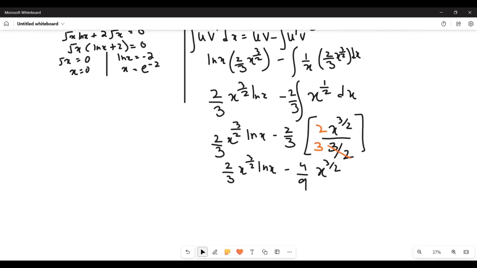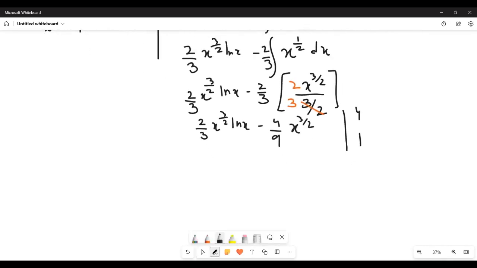Now we substitute the limits, which were 1 and 4. Substitute 4 first, then the minus sign and substitute 1.